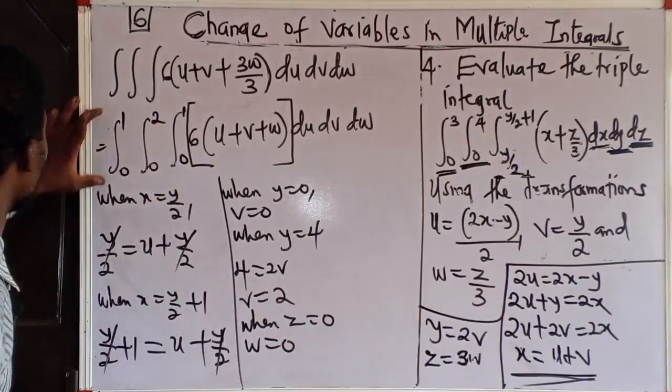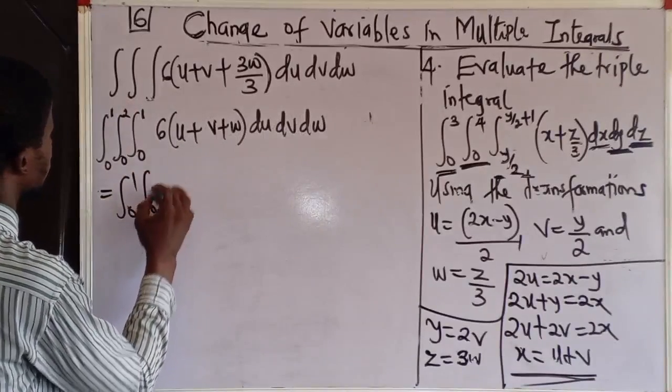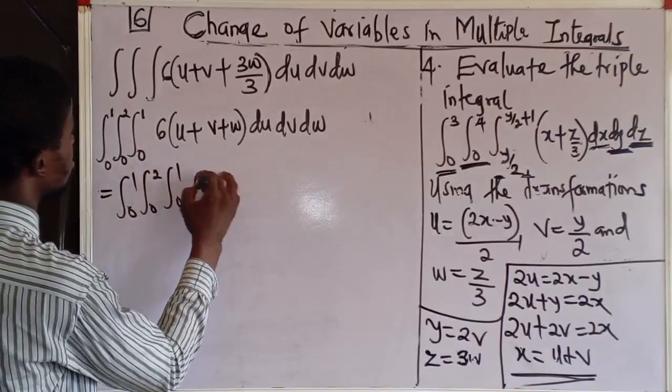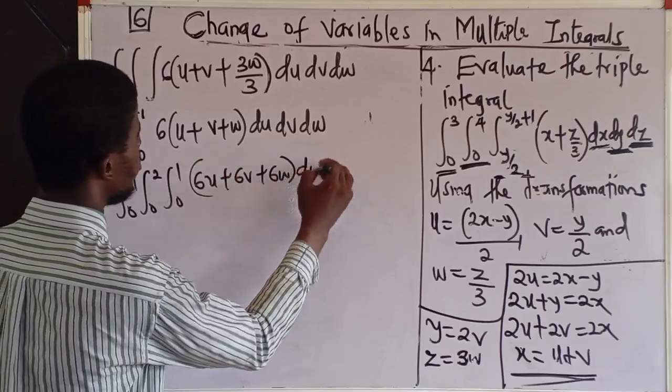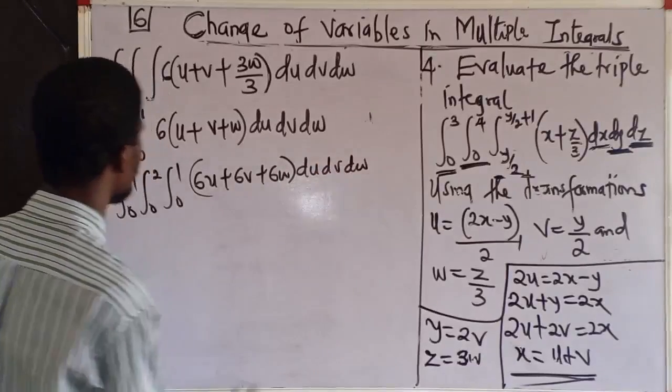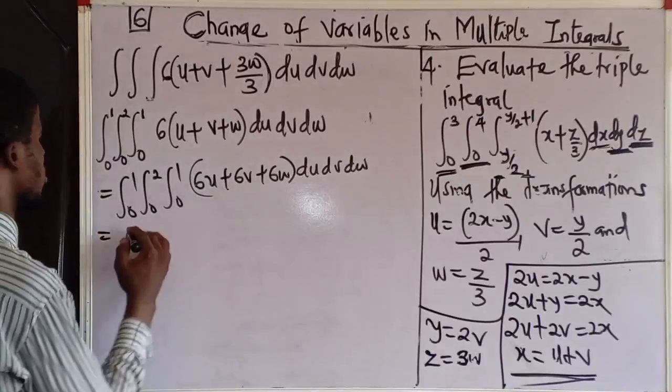So this is the integral we are going to evaluate. Simply give us the integral of 6u plus 6v plus 6w du, dv, dw. It's simple. We first of all take the integral with respect to u.